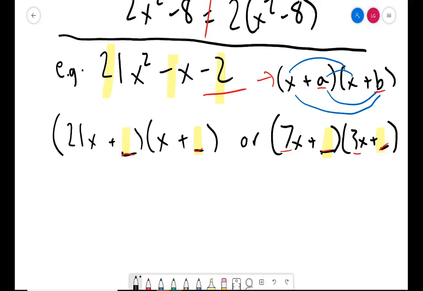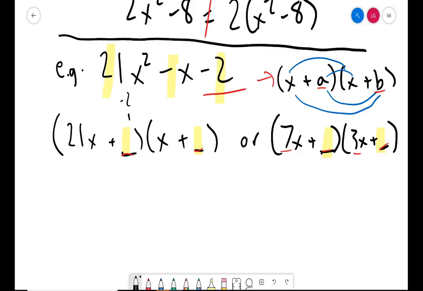So for example, let's look at this first potential factoring, 21x plus blank times x plus blank. Well, the factors of negative 2 have to be positive 2 and negative 1 or negative 2 and positive 1, right?